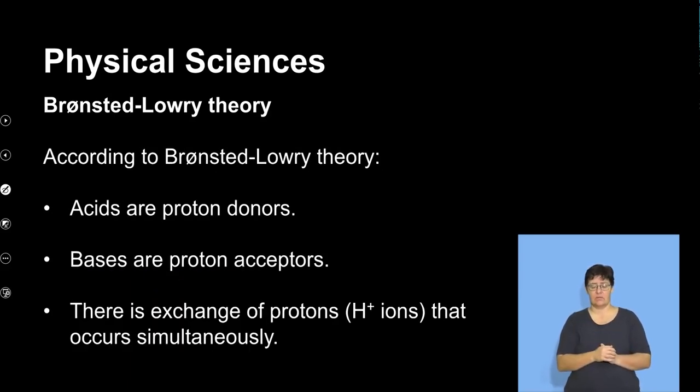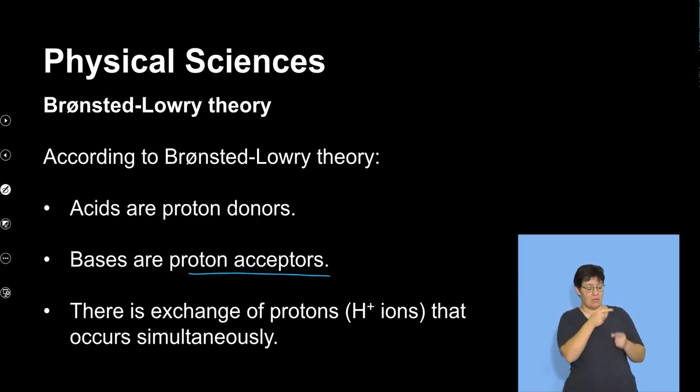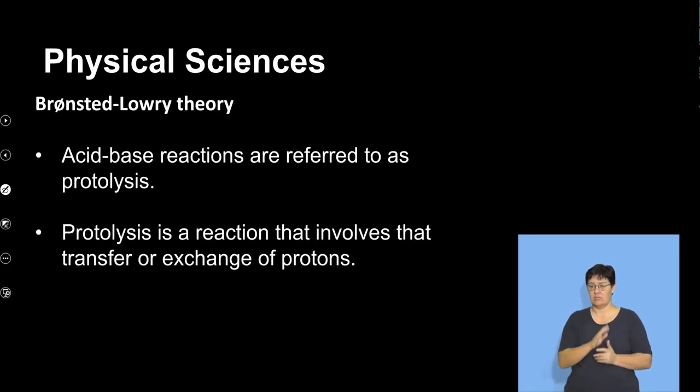Okay. Then bases are proton acceptors. So there's a donor-recipient kind of relationship between an acid and a base according to Bronsted-Lowry theory. Okay, so this happens simultaneously. According to Bronsted-Lowry, acid-base reactions are referred to as protolysis. So what is protolysis? Protolysis is a reaction that involves the transfer or exchange of protons.